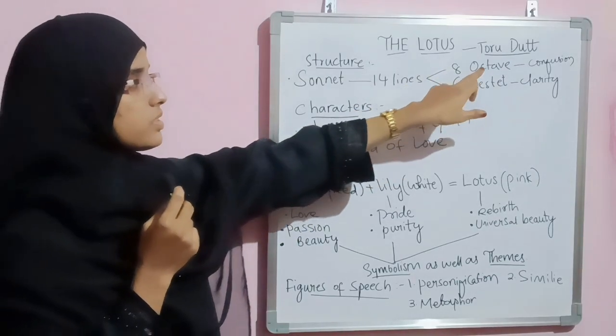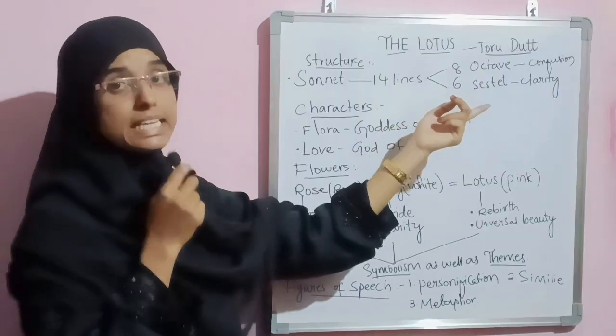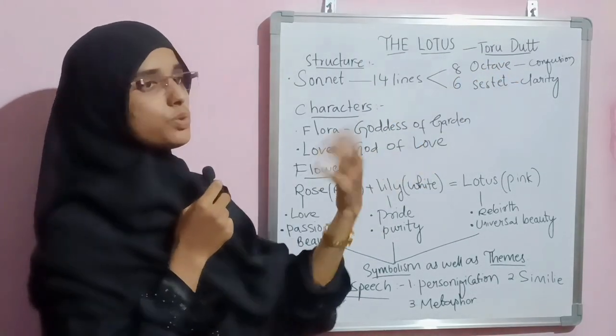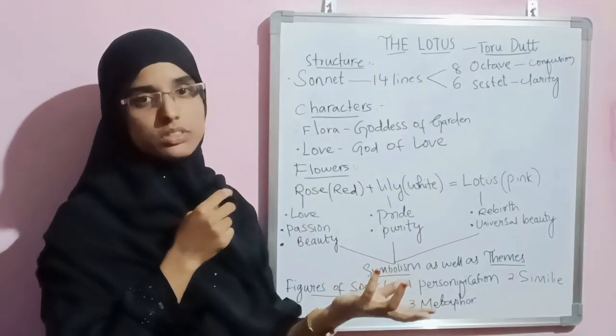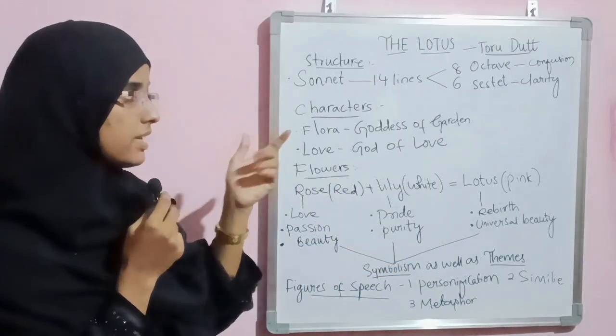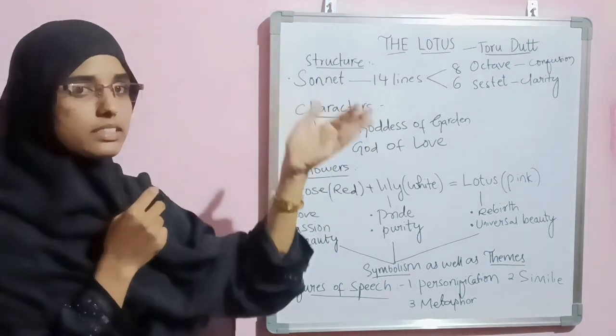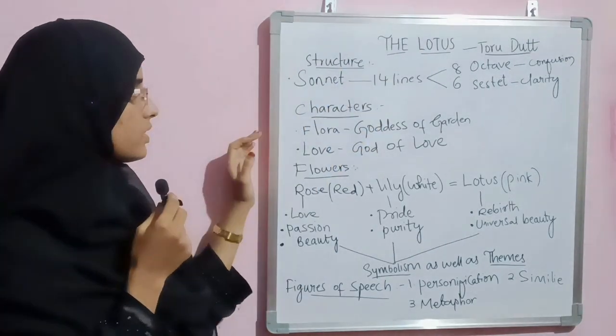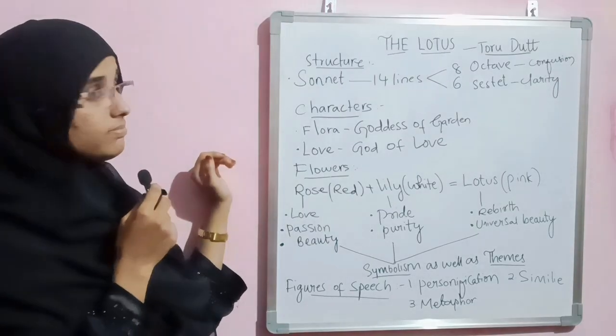Eight lines are known as the octave, and 6 lines are known as the sestet. The 8-line octave shows the confusion or doubt present in the poet's mind, and the remaining 6 lines are the answers or solutions to the above-mentioned 8-line questions. This is the structure.